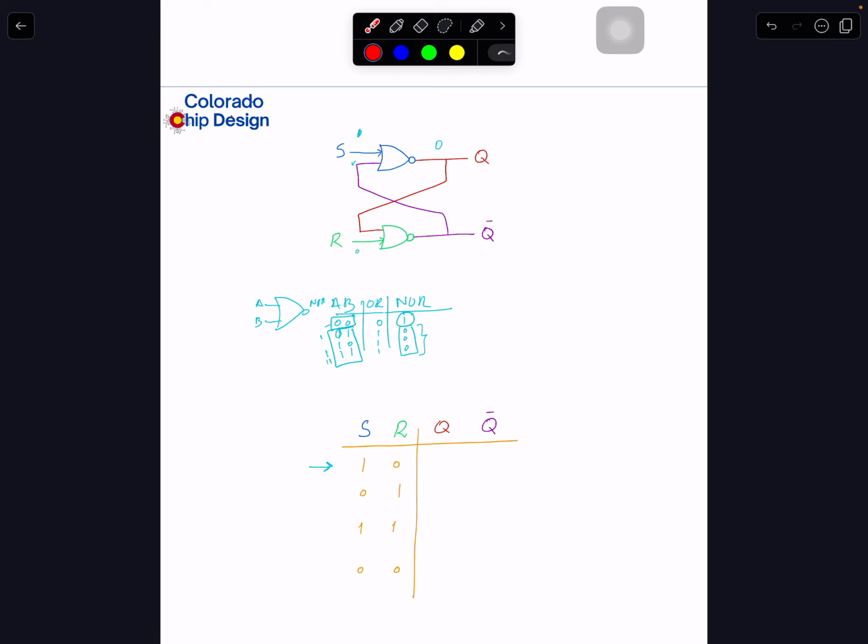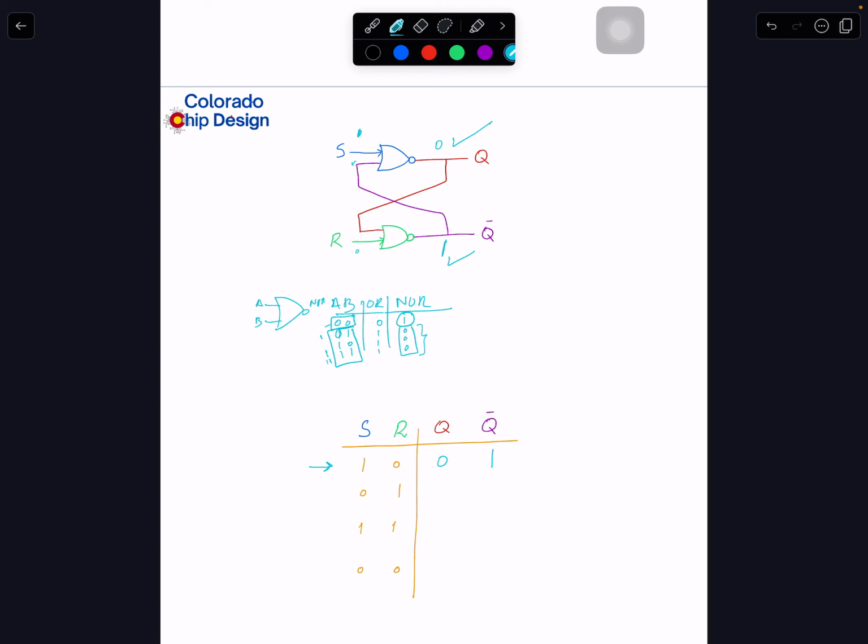So we need to wait for this input, and we already know this is 0 because this quickly drove it to 0. When both are 0, the output is 1. So you see that now this one is 0, this one is 1, or you can say here Q is 0 and Q bar is 1.